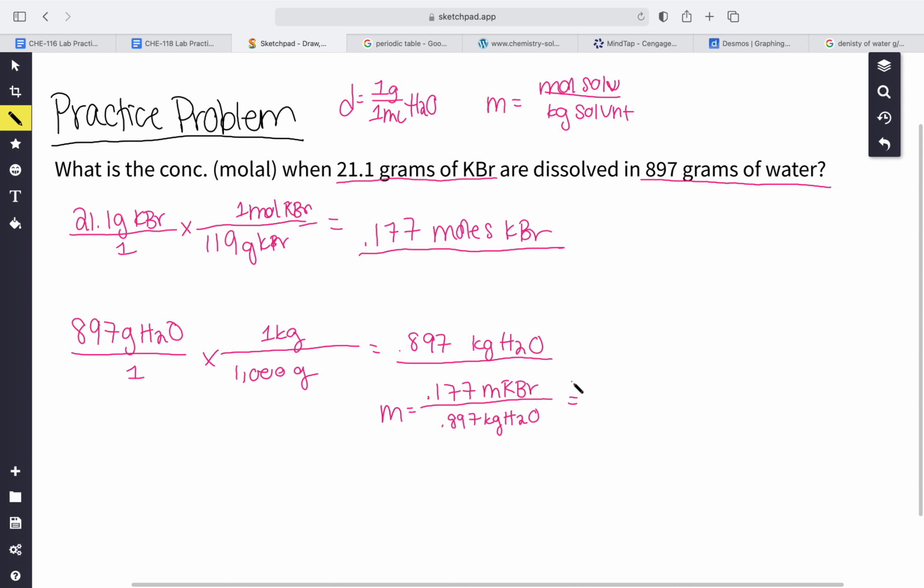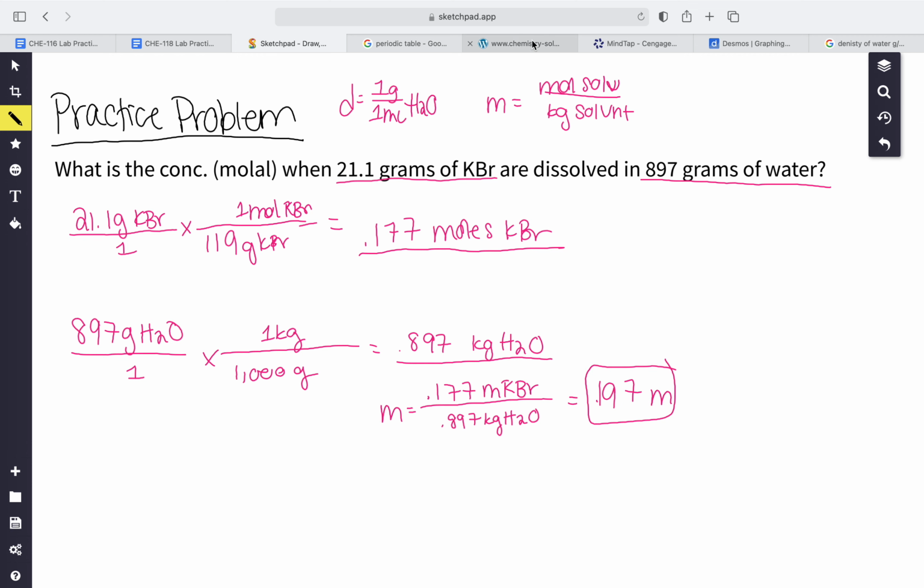And we will get 0.177 divided by 0.897, and it'll be 0.1, well, actually, we can do 3 sig figs. Okay, that's good, so 0.197 molal. I'm just going to check the answer really quick.